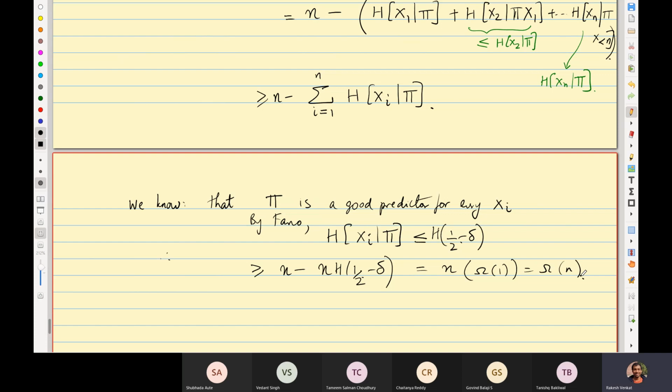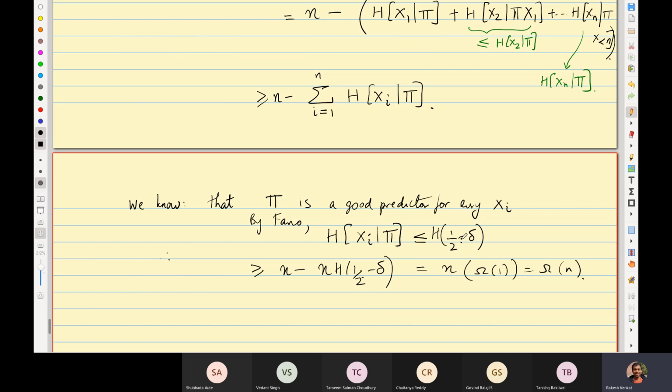Okay, so this is the general idea, but there is some kind of issue in this. You have to be a little careful when I apply Fano's inequality over here. The reason is that the error when you're looking at distributional complexity is not pointwise error. It is error over the entire distribution.